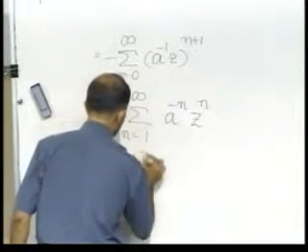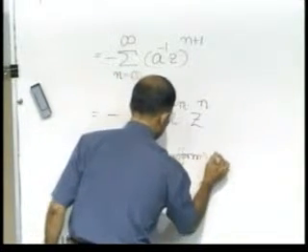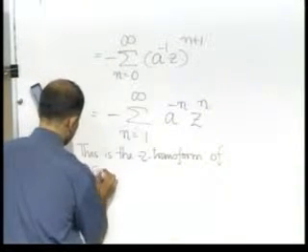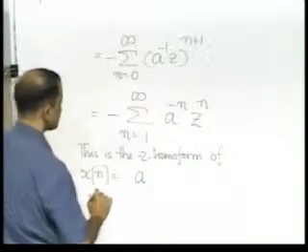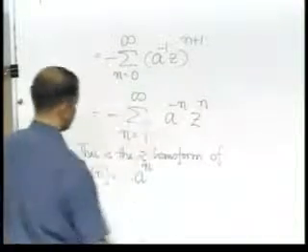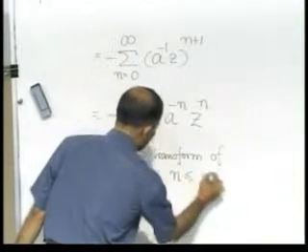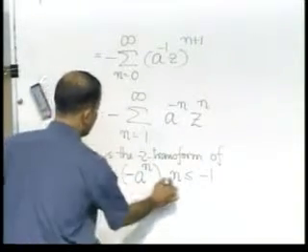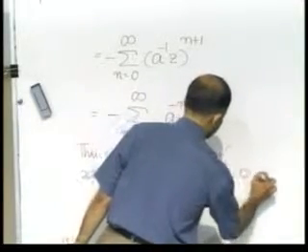If you look at the expression, it's the Z transform of the sequence equal to minus a raised to the power of n for n less than or equal to minus 1, and 0 else. Can you see that?